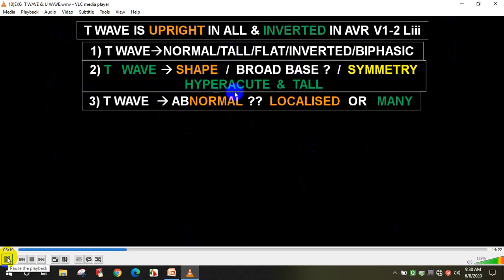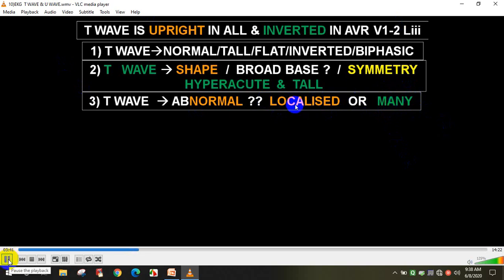If the T wave is abnormal, meaning it is tall, flat, inverted or biphasic, look whether it is localized or generalized. Generalized is also called global. There are some conditions which will produce generalized T wave changes.